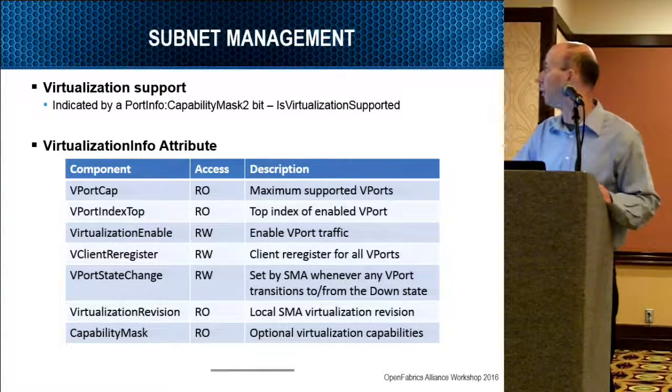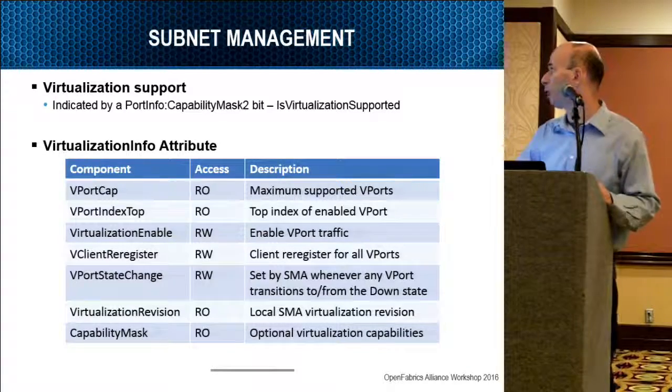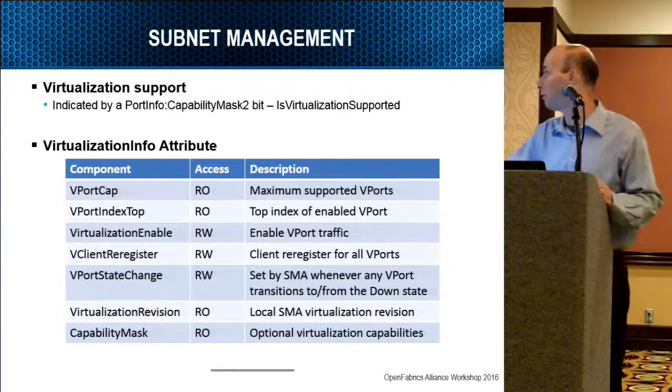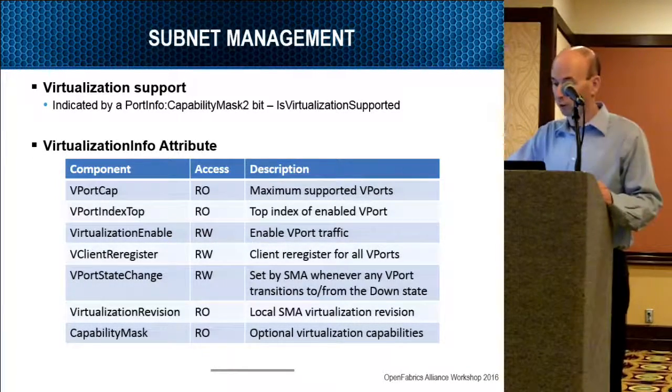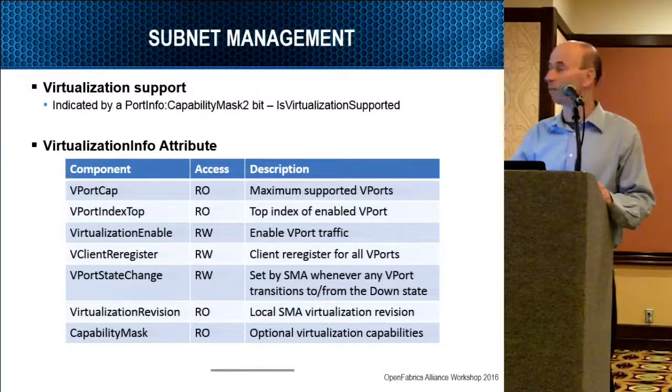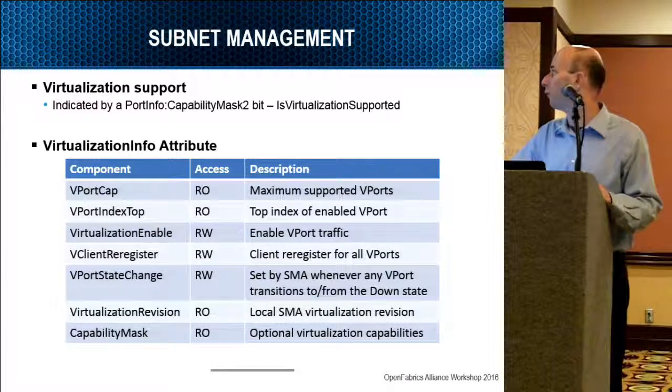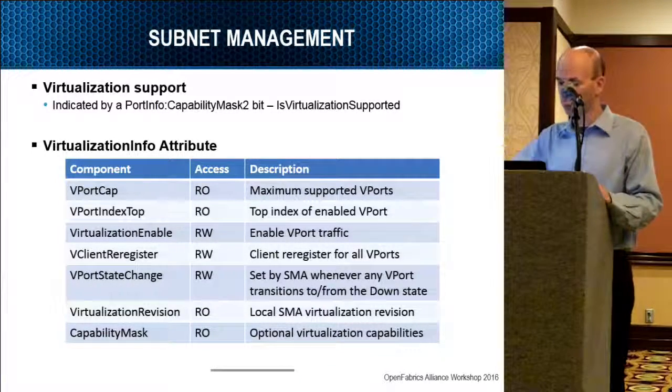So we have the maximum number of vPorts, how many are enabled at this time. The virtualization enable is that bit that basically enables VPorts to go into the active state. The SM controls when they do that, but without this bit being enabled, there's no traffic between virtual ports.